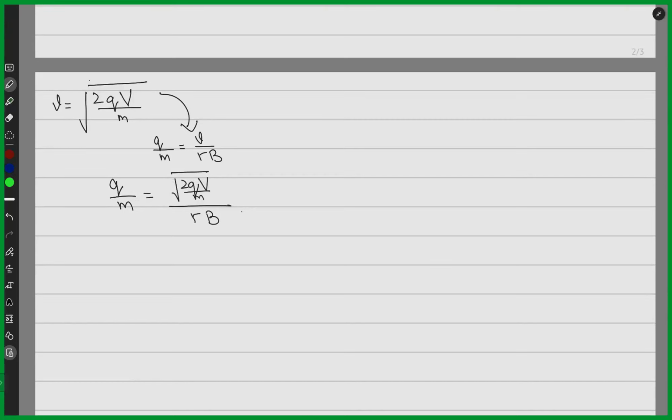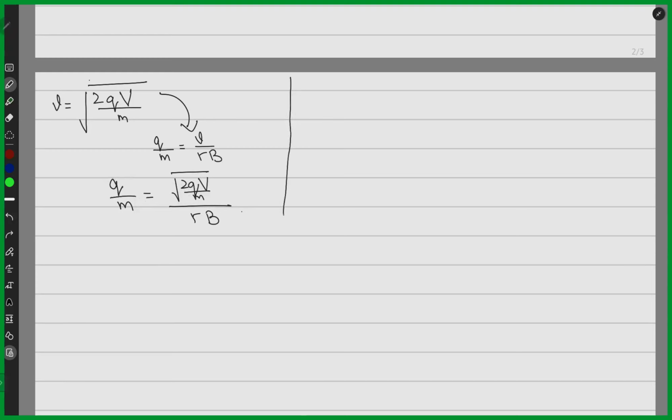So charge is not completely factored out. We want to factor this charge out and bring it completely over to this side, so that we really have a charge to mass ratio. We can do that if I square the equation on both sides.